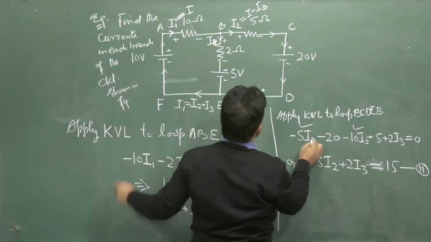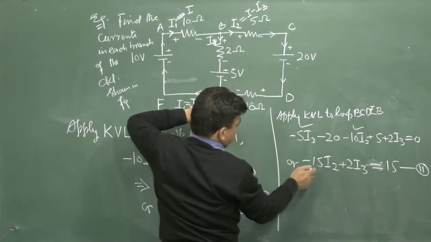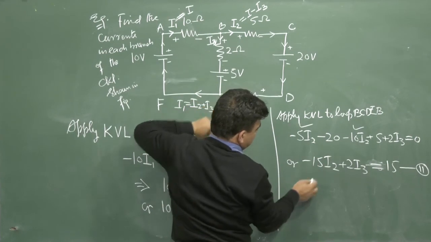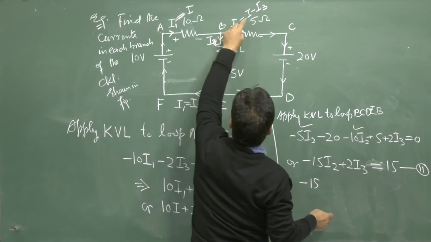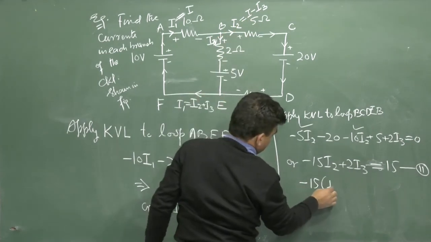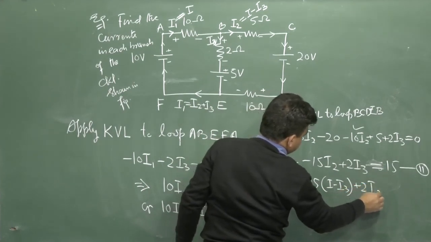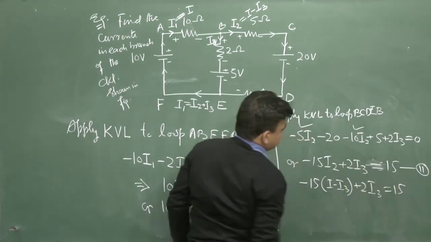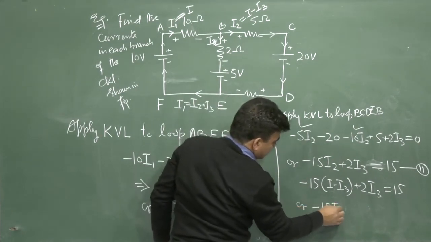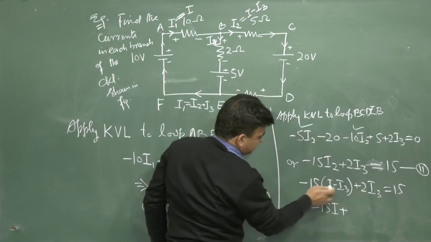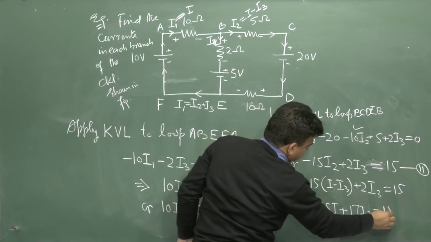Here, minus 15I2, instead of I2, I will write I minus I3, so minus 15 times I minus I3 plus 2I3 is equal to 15, or minus 15I plus 15I3 and 2I3, that is 17I3, is equal to 15.